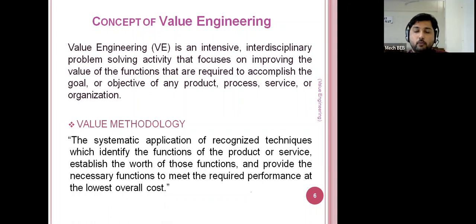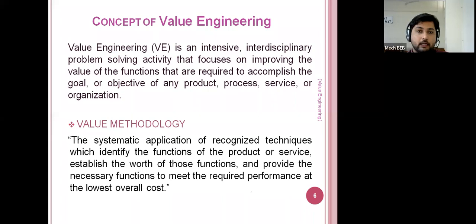So to evaluate the functionality or to perform value engineering on that particular thing, you should have an interdisciplinary approach. And here you need to understand the functions of that particular product and try to convert those functions into appropriate cost or into appropriate money.